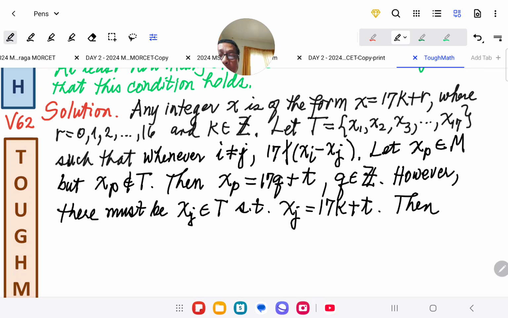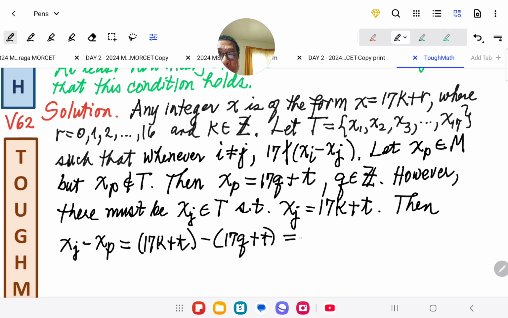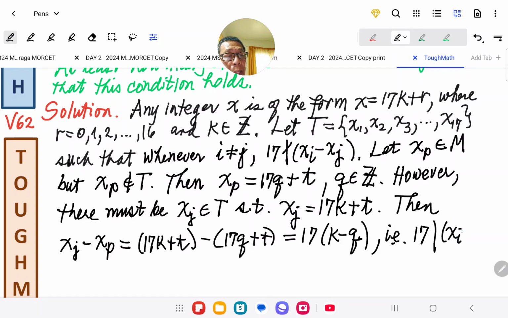Then x_j minus x_p is equal to 17k plus t minus 17q plus t, which is equal to 17 times k minus q. That is, 17 divides x_j minus x_p.